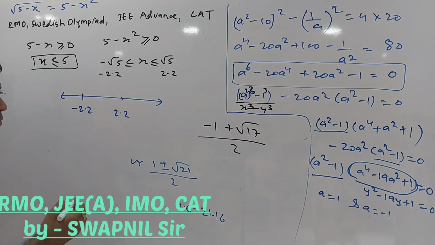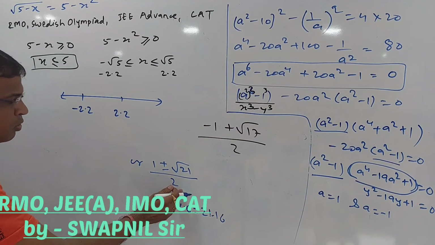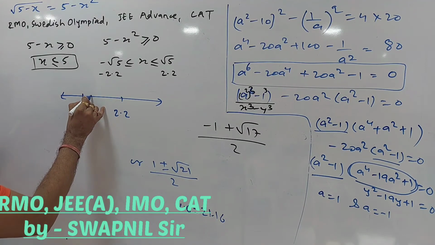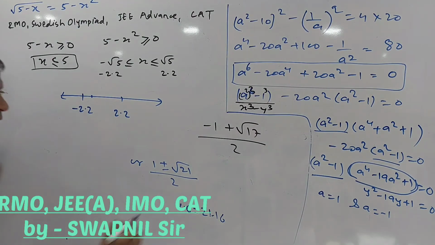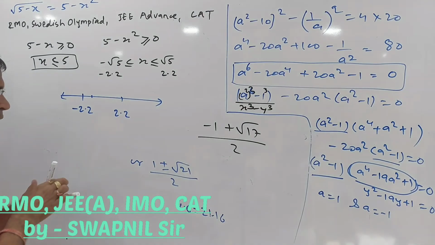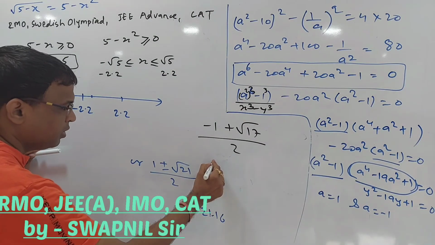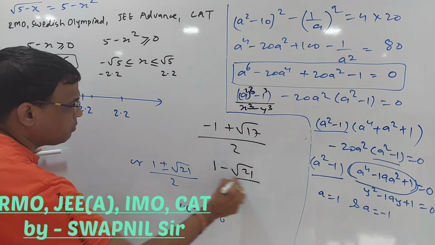Let us check the negative one. 1 minus 4.6 comes to minus 3.6 upon 2, so minus 1.8. Minus 1.8 will lie somewhere here. So I can confirm that my second answer will be 1 minus root 21 upon 2.